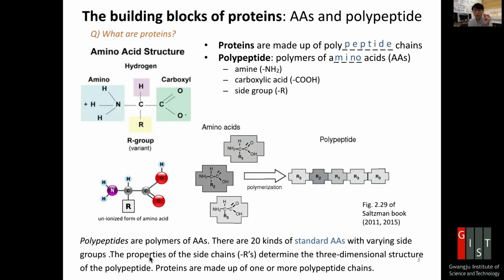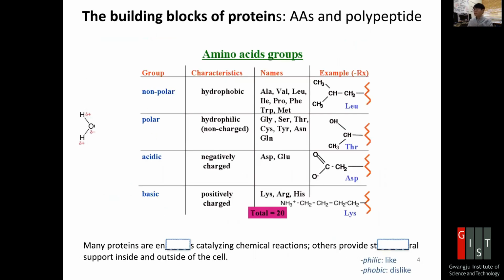The properties of these side chains or residues eventually determine the three-dimensional structure of the polypeptide. Proteins are made up of one or more polypeptide chains. While its sequence is linear, in reality, inside our body, it actually has a three-dimensional structure.